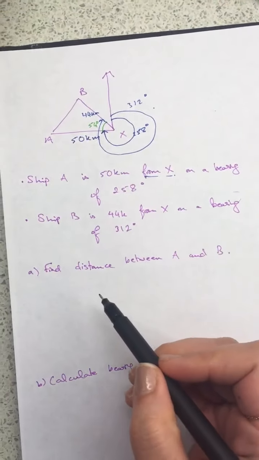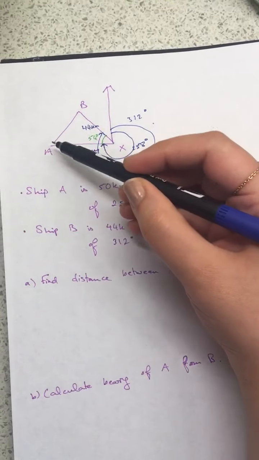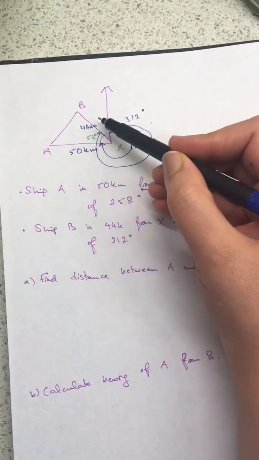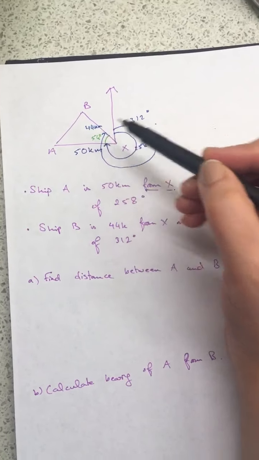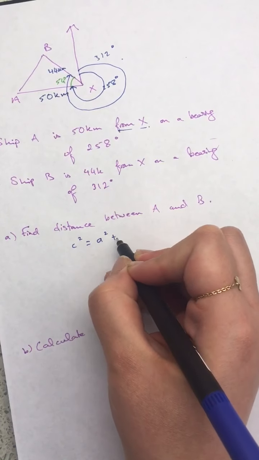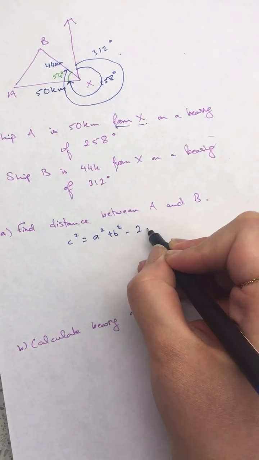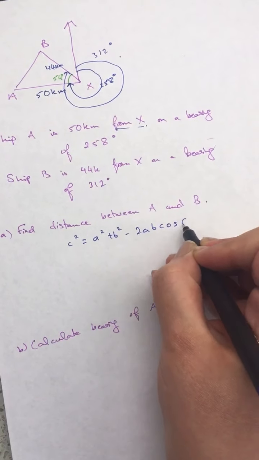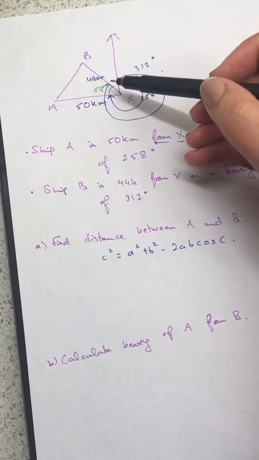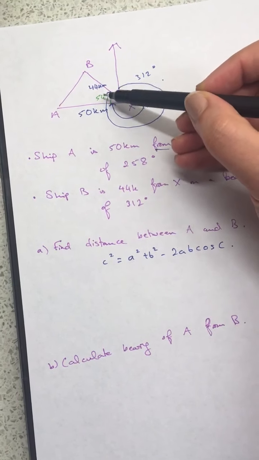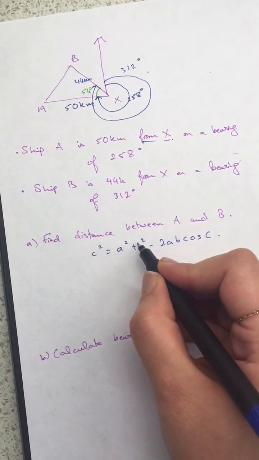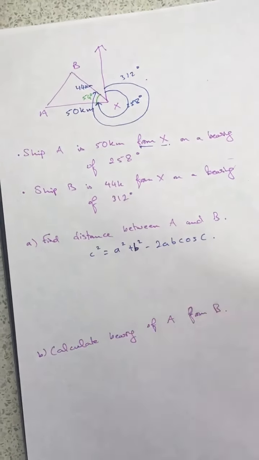Question A says, find the distance between A and B. So they want that line there. Because I have an angle and two sides, and the angle is between these two sides, I'm going to use the cos rule. C squared is equal to A squared plus B squared minus 2AB cos C. For the cos rule, I want you to understand the angle in between and the two sides, and not necessarily that A has to be A and B has to be B. With Pythag, A and B can be switched.